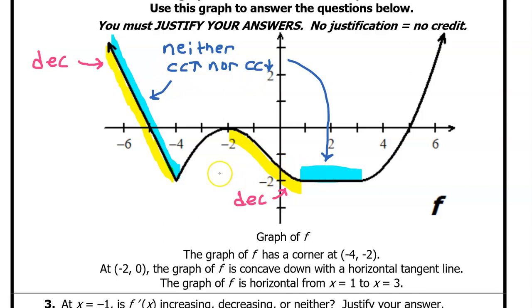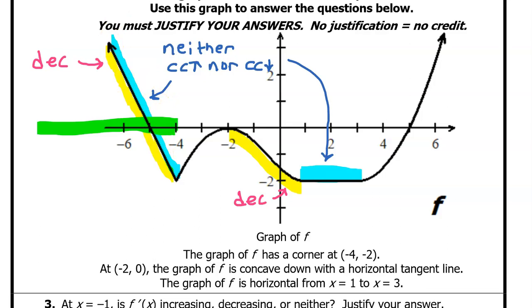So we need to pick a k value where both of these are true at the same time. So you can see that the interval from negative infinity to negative 4, this is where the function is both decreasing and linear. Decreasing and also neither concave up nor concave down.